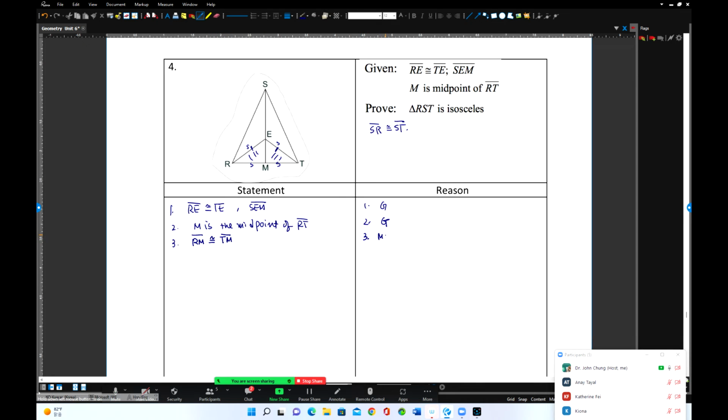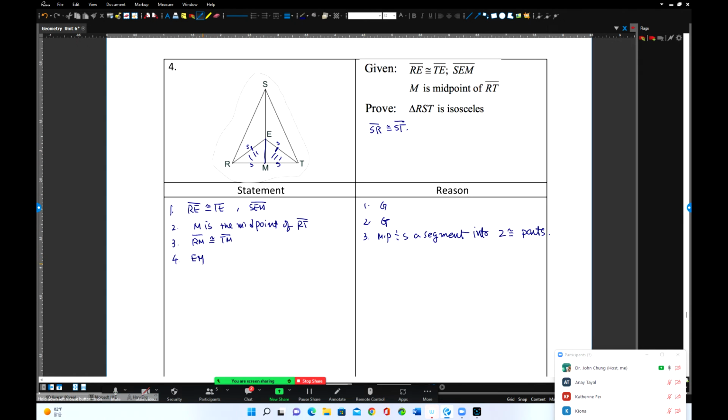So midpoint divides a segment into two congruent segments, or I'm going to use a part. Okay, we need one more. Okay, so EM. EM, this side reflexive.